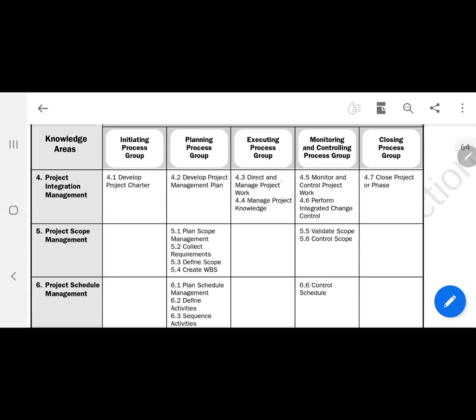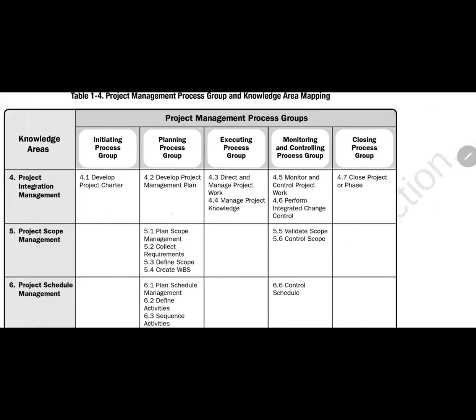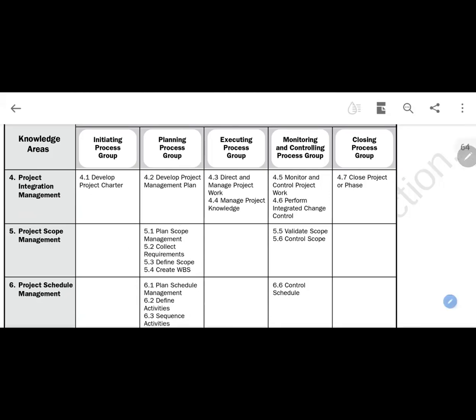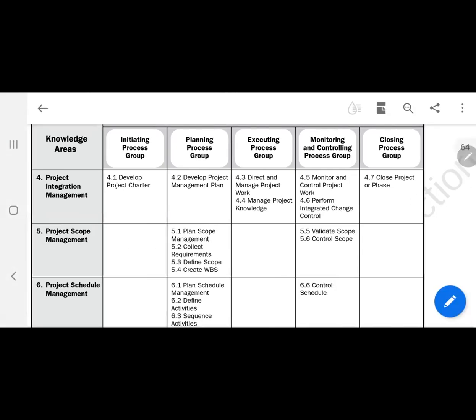First, I was asking about the inputs, tools, and techniques. The major outputs of direct and manage project work are what? Very important we identify that quickly. Direct and manage project work, major output is deliverables, right? Deliverables are intermediary products. When the work is being executed, you are having the results.